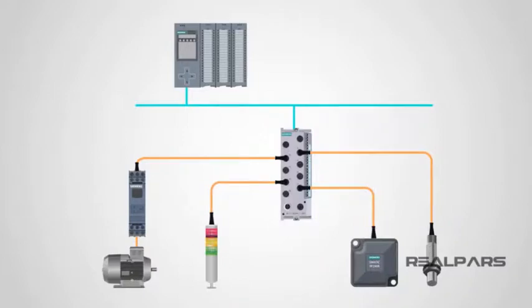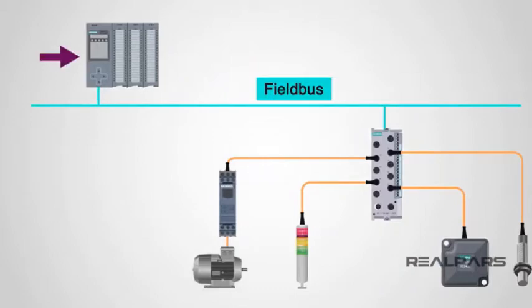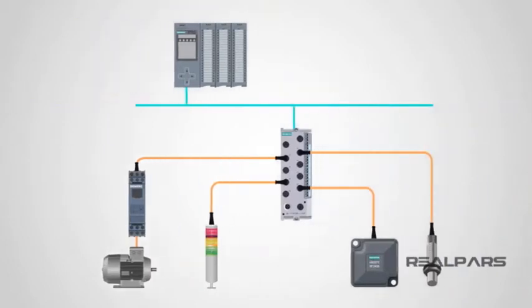The I/O link master can then communicate over a field bus connection to the higher level controller, most likely in our case, a PLC, or programmable logic controller. The I/O link ports can serve different purposes, from signaling that it is unused to signaling that it is in input mode, output mode, or for I/O link communication.